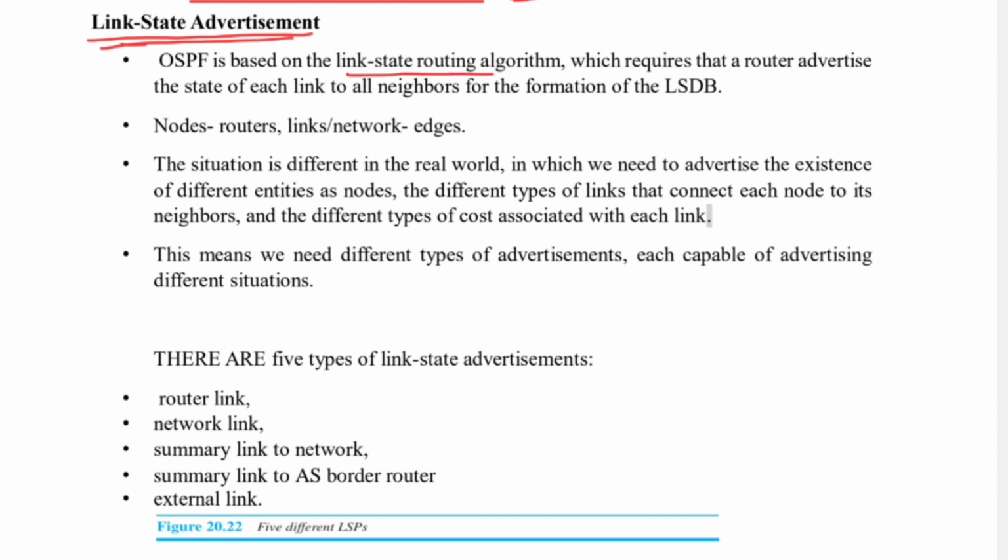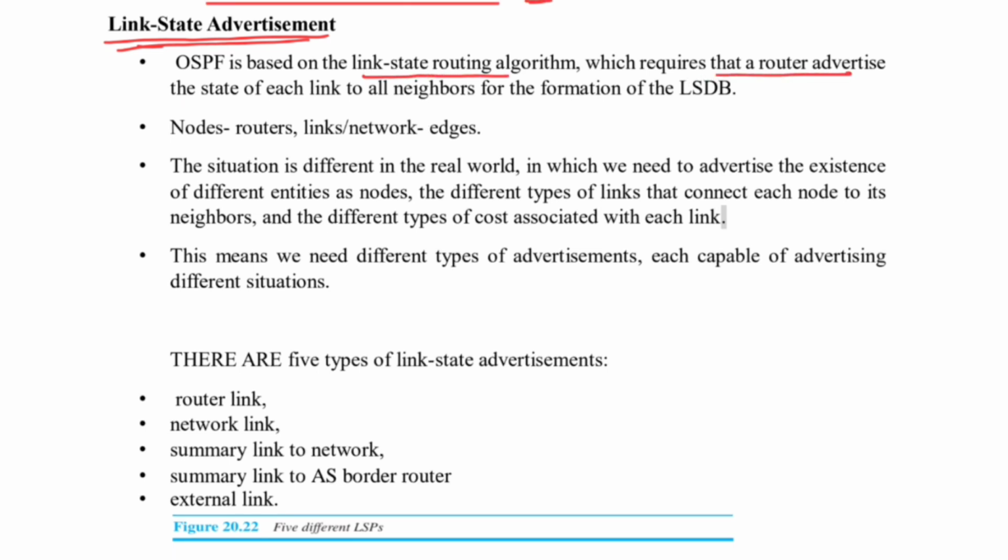OSPF is based on link state routing, and that requires the router to always advertise the state of each link to all the neighbors for the formation of the LSDB. So every router is going to construct what? The link state database. How is it going to construct the link state database? Based on the LSP information received from the neighbors.